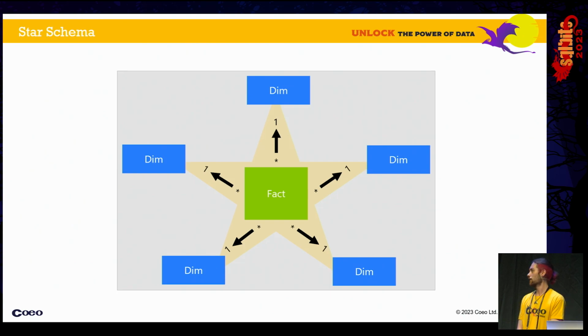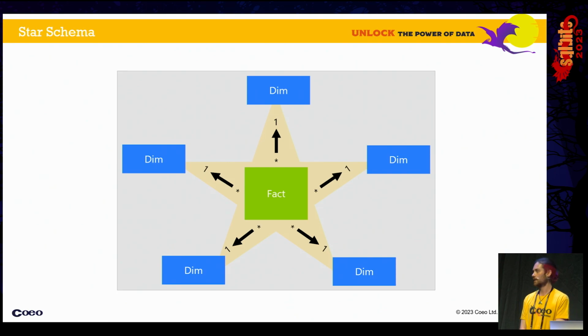One, it's a very simplified modeling technique, so it's very easy for both technical and business users to understand. You've got your fact surrounded by a number of dimensions. But more importantly, it's also optimized, so you're going to get faster query performance and faster data loading.